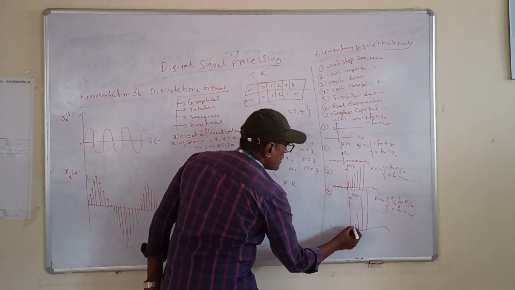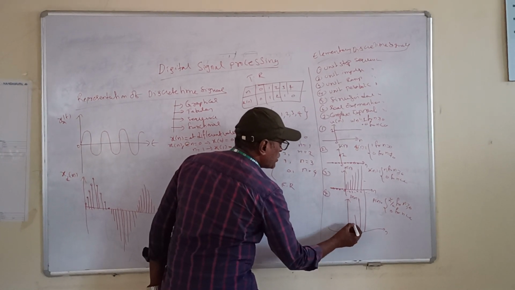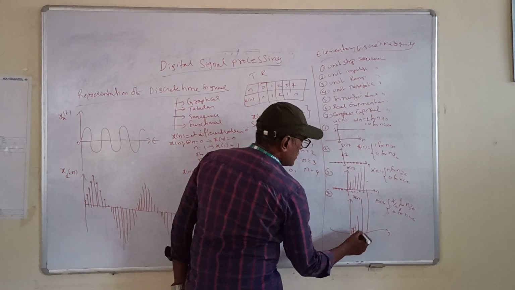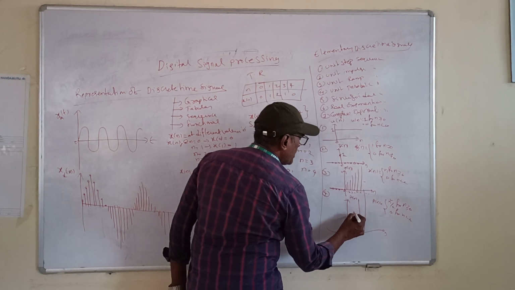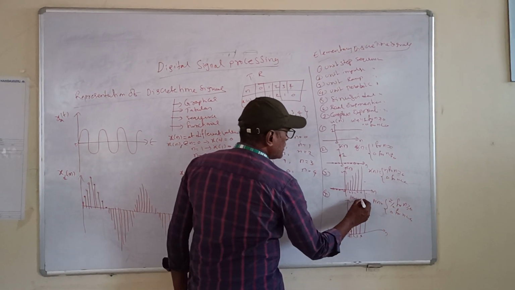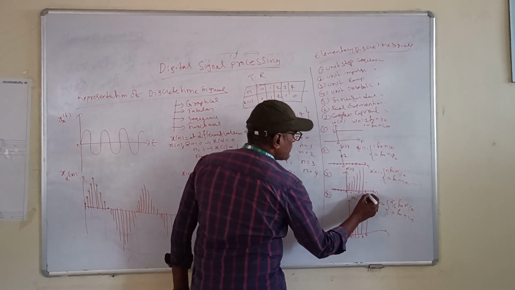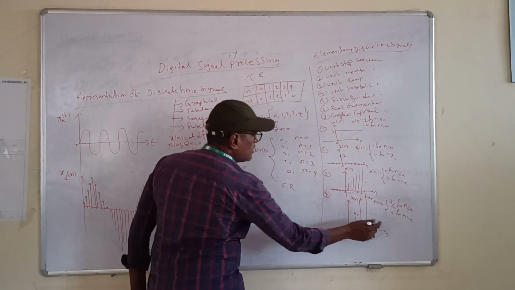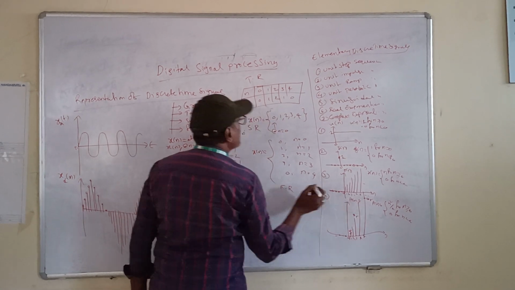The value at n equal to 1 is 0.5, at 2 it is 2, at n equal to 3, 3 square by 2 is 4.5, at n equal to 4, 4 square by 2 is 8, at n equal to 5, 5 square by 2, the value becomes 12.5. Similarly, up to n equal to infinity. For n less than 0, the value becomes 0. This is p of n.